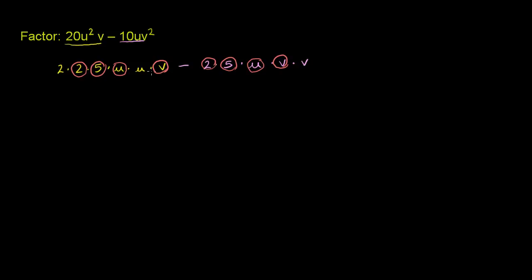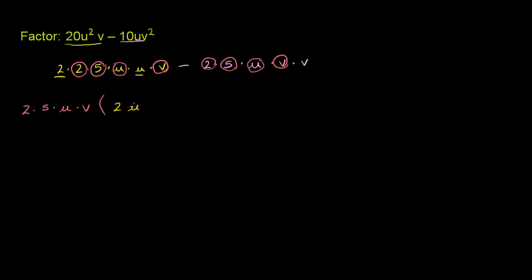So I could rewrite this expression. I could undistribute the 2 times 5 times u times v, and what will we get? This expression is equal to 2 times 5 times u times v times what? If you factor the 2 times 5 times u times v out, all you're left with in the first term is the 2u.